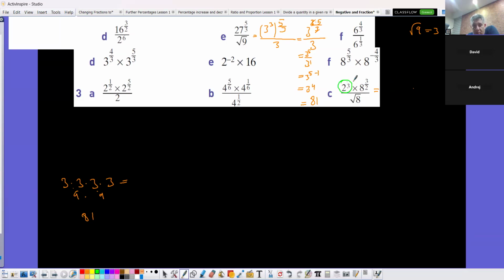Since we know that 2 to the power of 3 is equal to 8, then this becomes 8 times 8 to the power of 3 over 2. And I mentioned in the class many times, the power is 1 here, divided by 8 to the power of 1 over 2 again. Then this 2, it's going to be added, which is equal to 8 to the power of 1 plus 3 over 2.